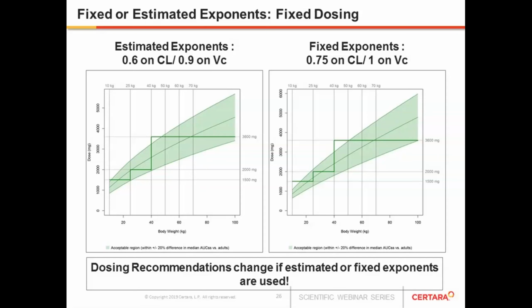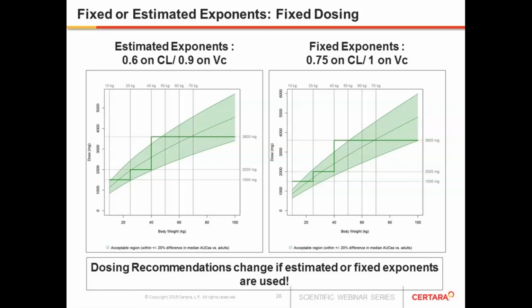And then we took the final model and ran it with fixed exponents, and based on that, we see that the range or the proportion of subjects outside the 20% increased between 40 and 50 kilograms, and also now we have subjects with 1,500 milligrams, subjects between 10 and 15 kilos, who are also outside this 20% acceptable difference.